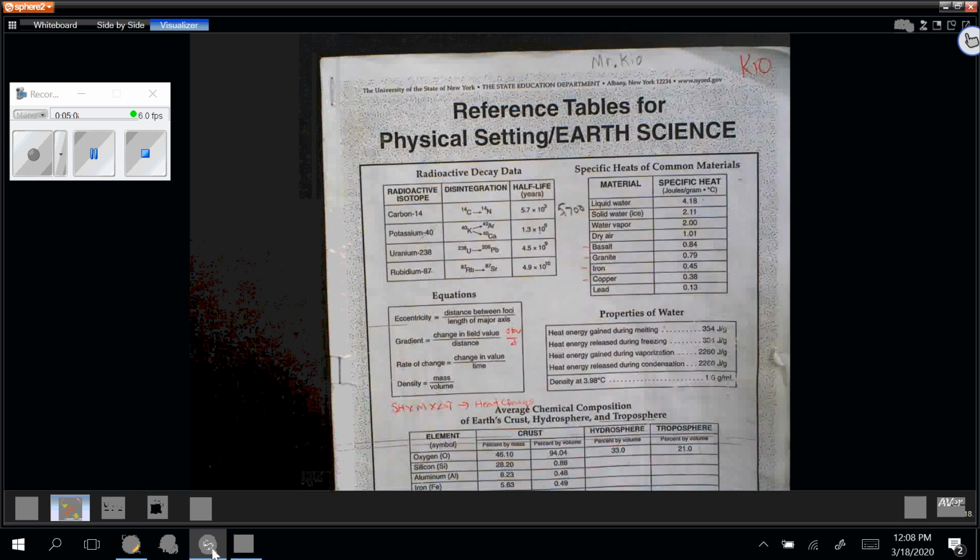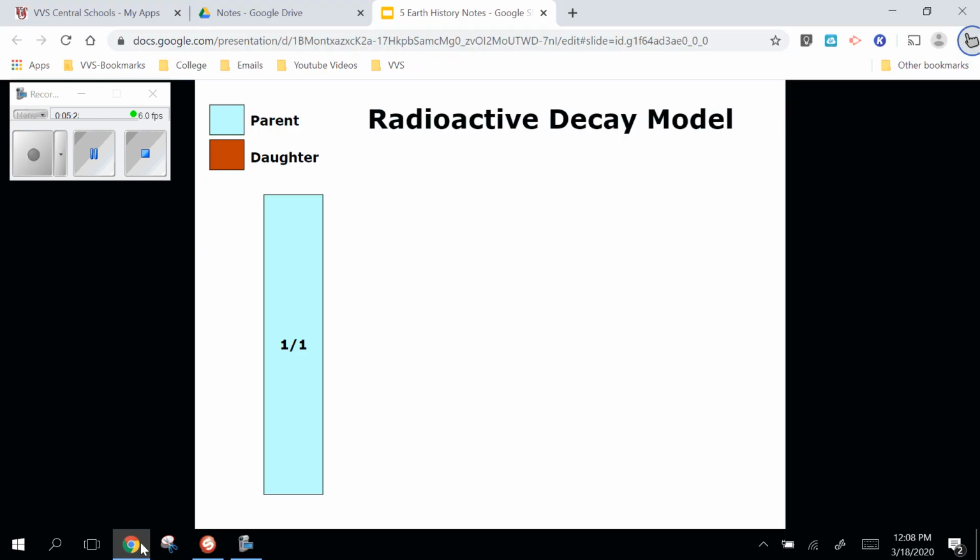And then another 5,700 years, we have half of that left. And then another 5,700 years, we have half of that left. So we keep taking half the carbon every 5,700 years, and that amount gets transferred over and becomes nitrogen-14. That's called radioactive decay. It's a very stable rate.